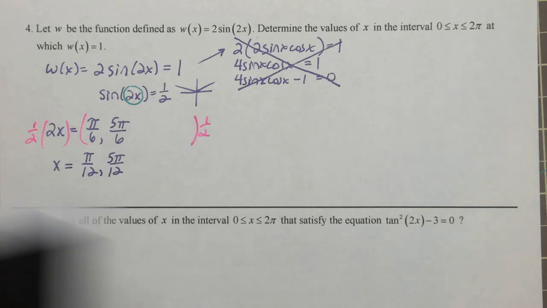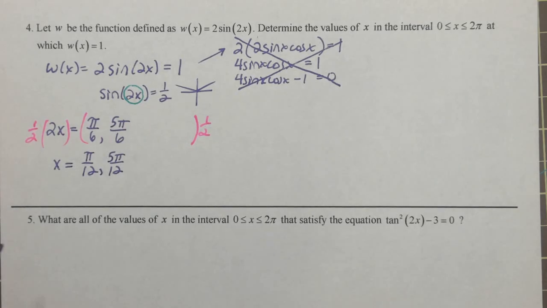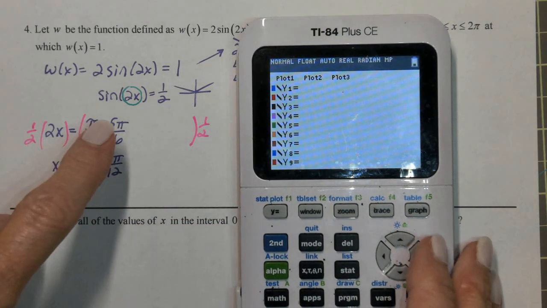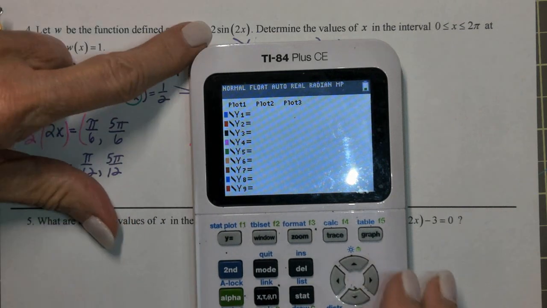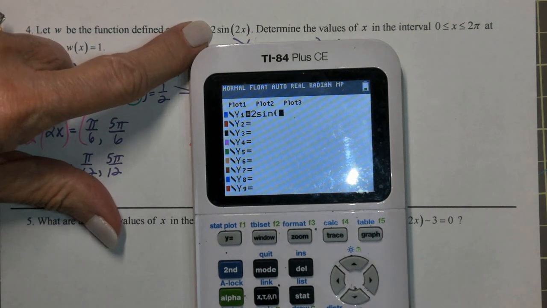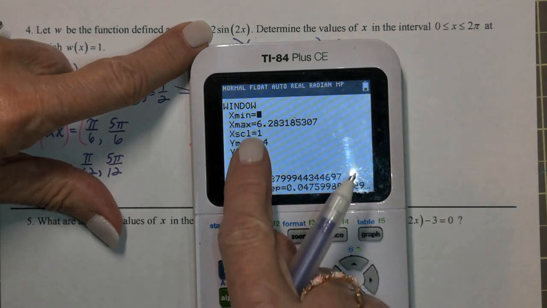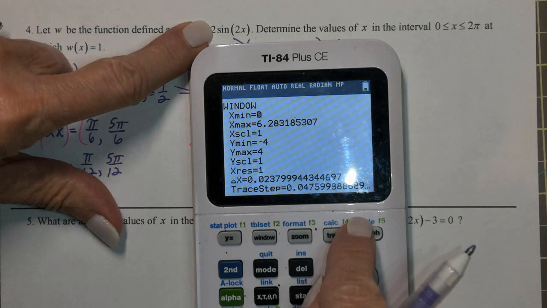Let me show you on a graph. 2 sine of 2x. And I'm going to set my window between 0 and 2 pi. There's 0 and 2 pi.